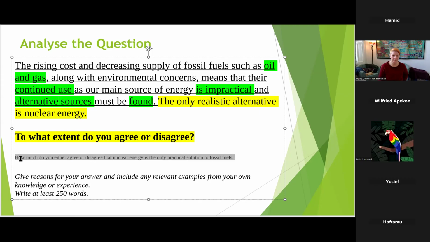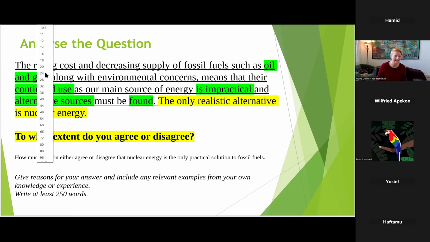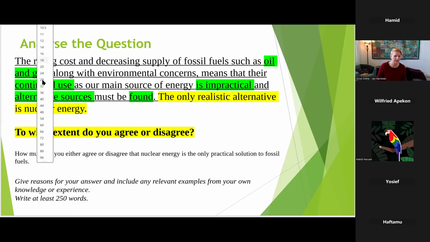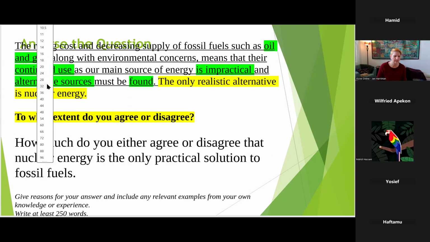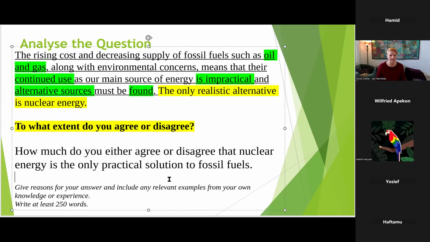So what the question really is, and now I'll make this bigger again. So there we go. All right, that's a good size. So what they're really asking is, how much do you either agree or disagree that nuclear energy is the only practical solution to fossil fuels?